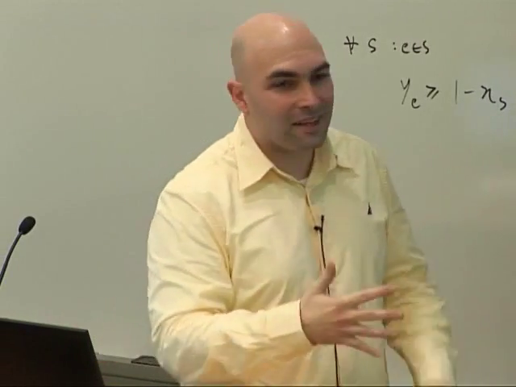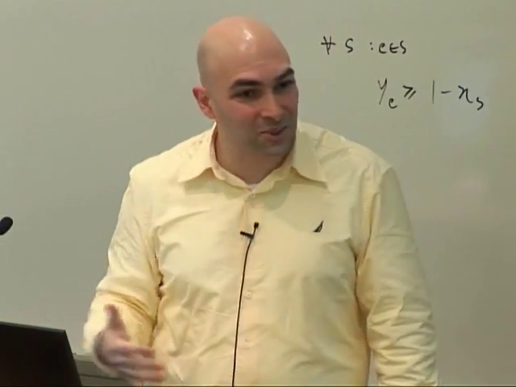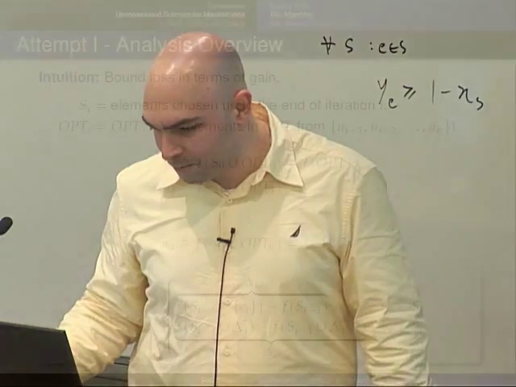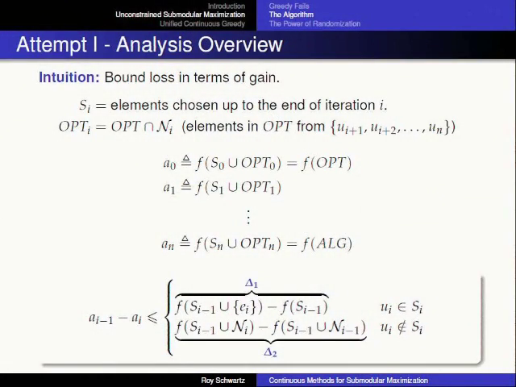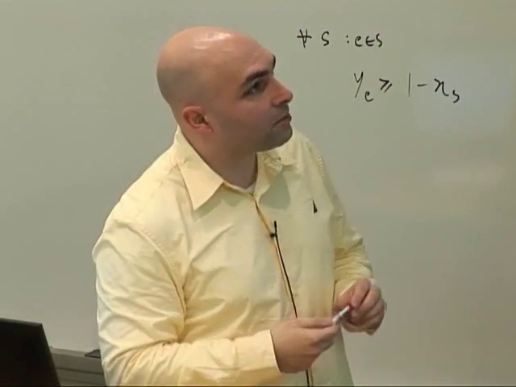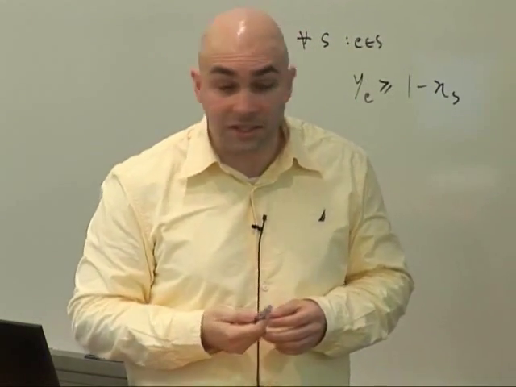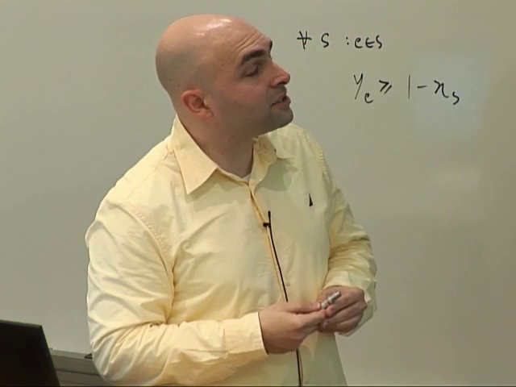So when I say how much we lose, the question is lose where? So what do we have here? Let's say S_i is just the elements the algorithm chose up to the end of iteration i. And OPT_i is just the elements of OPT from the last n minus i elements. So these two sets are always disjoint, right?